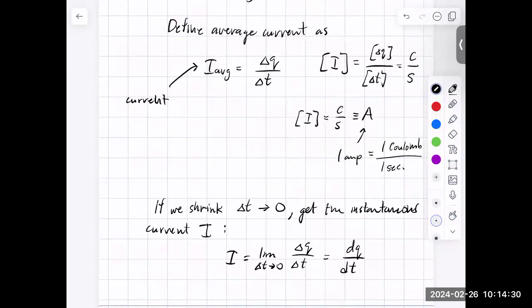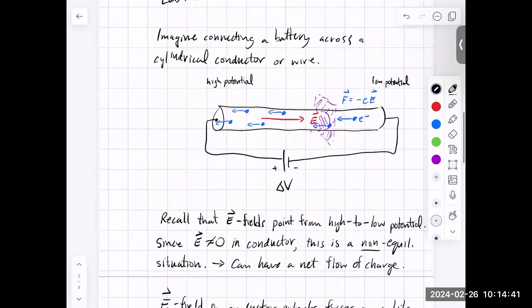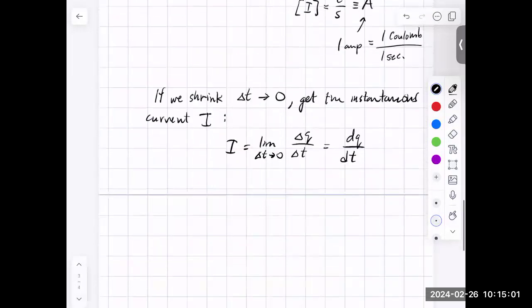Okay, one other thing we should make note of is, it's a bit unfortunate, but it's the way things have been established. It's the convention: current is the direction of positive charge flow. So in our conductor, where we have electrons, which are negative, going from the right to the left, current in the circuit would actually flow in the opposite direction. Current would be from left to right, and so our negative charges flow in the opposite direction. So let's make a note of that.